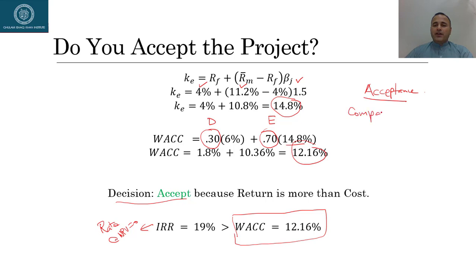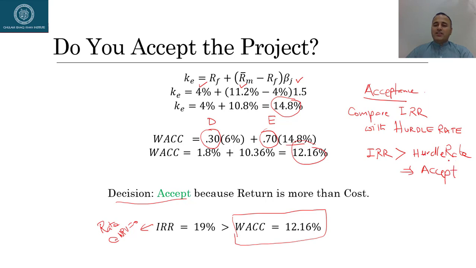compare IRR with the cutoff, or what they called the hurdle rate. So if the IRR was more than the hurdle rate, the conclusion was accept, because the return is more than the cutoff.